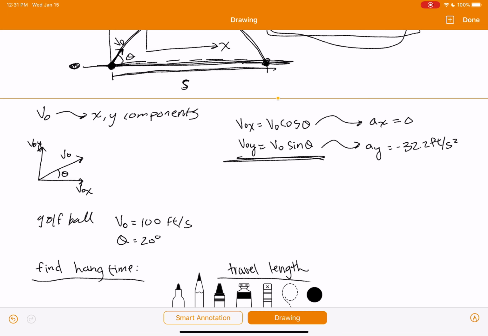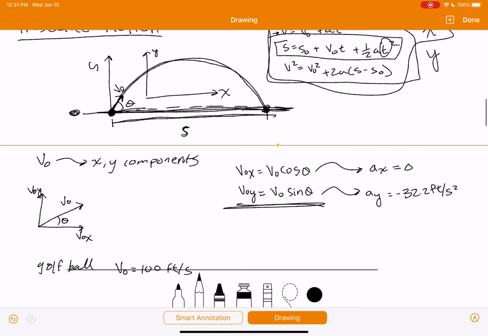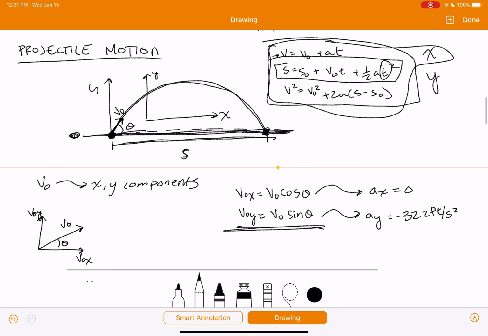All right, and now we want to find this travel length, and that's very obviously in the x direction, so we're only going to use x equations for this one. We don't know that. This doesn't even have s in it, so we're not going to use that one. So that leaves it with this one and this one. Now, if we look at this one, our a in the x direction is 0, which would make this whole thing 0.